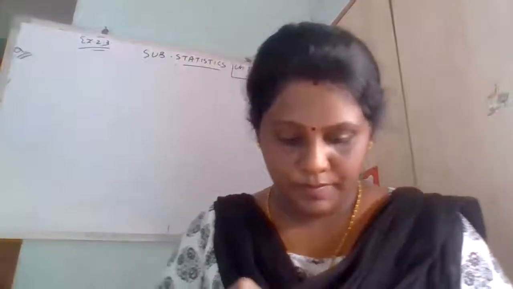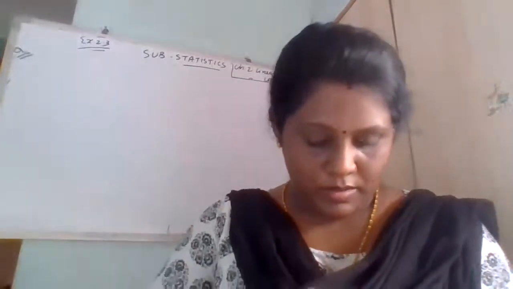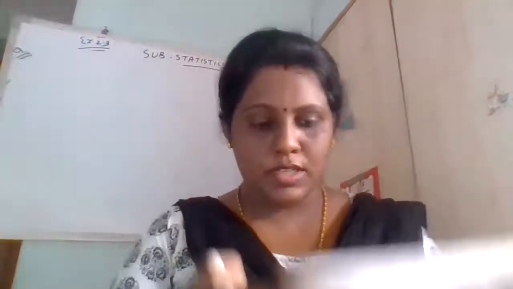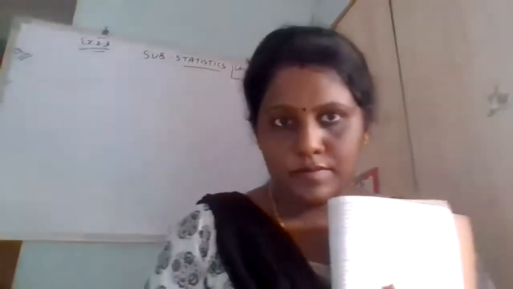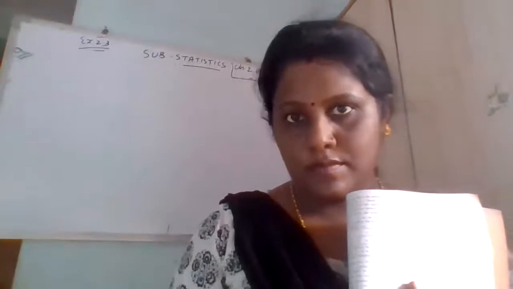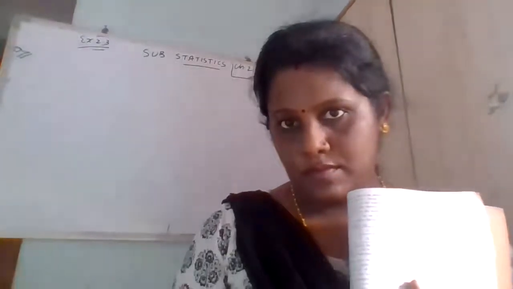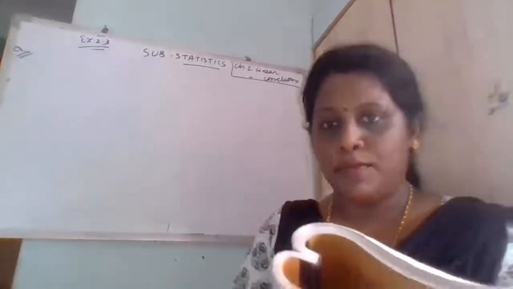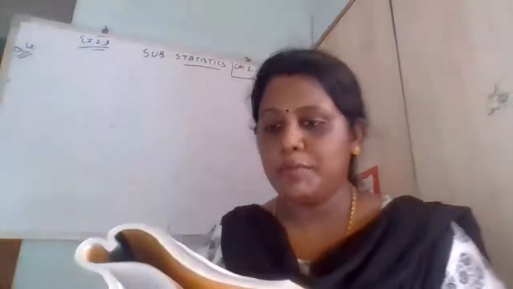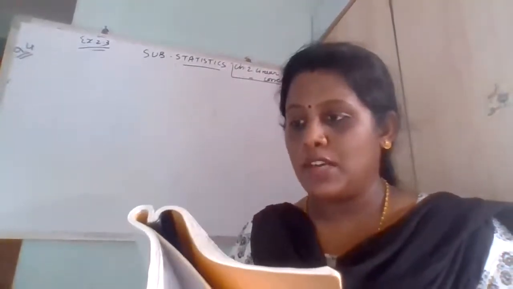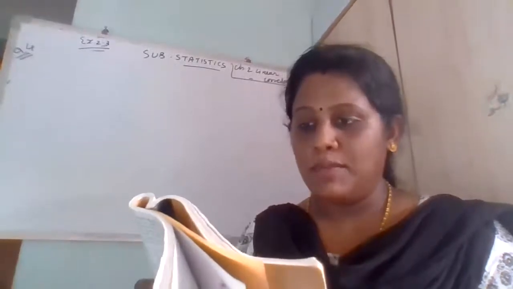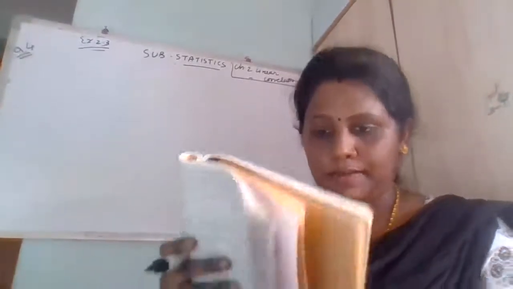Now fifth question. The following information is obtained by taking a sample of 10 students from the students of a science college. So the number of students is given, that is 1 to 10.